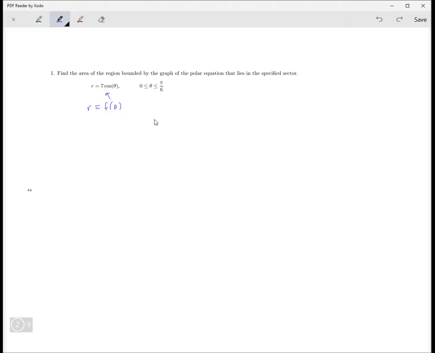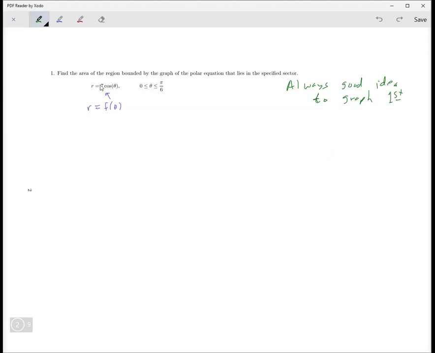With most of these problems, it's always a good idea to graph them first, because sometimes unexpected weird things happen with polar coordinates that you wouldn't know about if you're just looking at the equations.